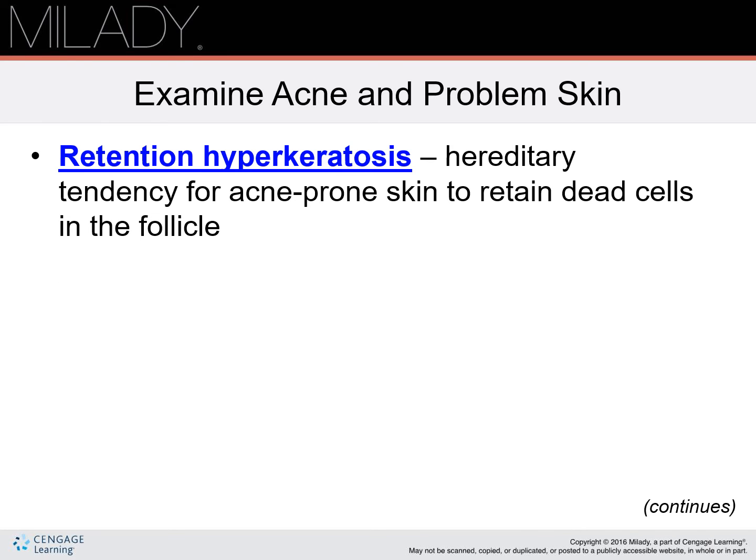Okay, so let's move on to talking about acne and also a little bit of problem skin in there. So we're examining acne and problem skin. Acne is both a skin disorder and an aesthetic problem. It is a major concern for anyone who suffers from it. It is frequently misunderstood to be a teenage skin disorder.